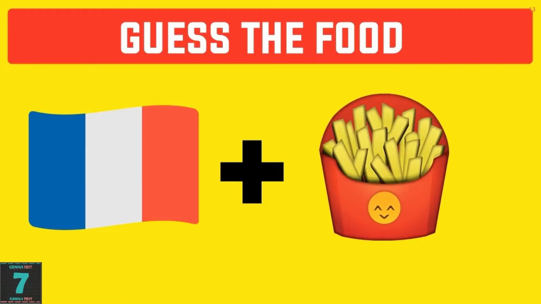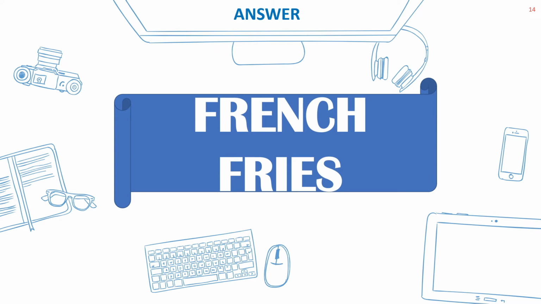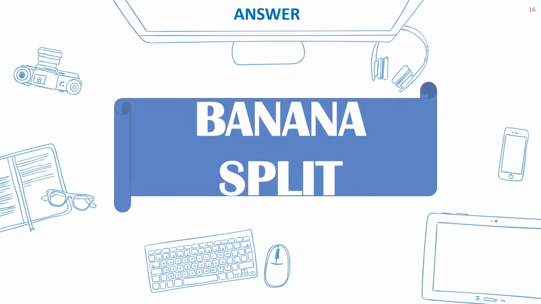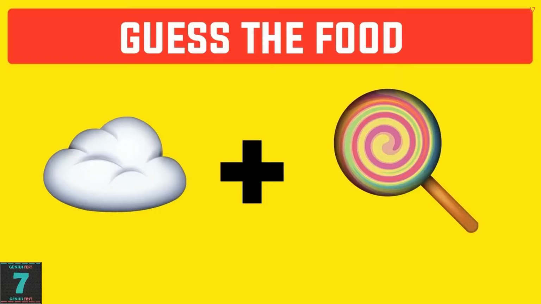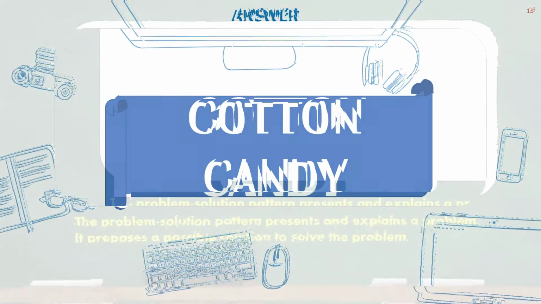I believe that you are fond of eating this one in fast food chain restaurants. Correct. The answer is French fries. Guess the food. Correct. The answer is banana split. How about this one? Correct. The answer is cotton candy.